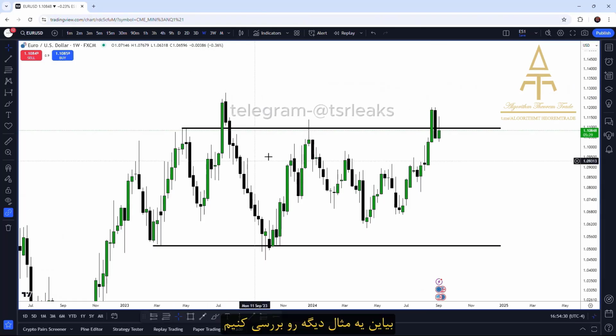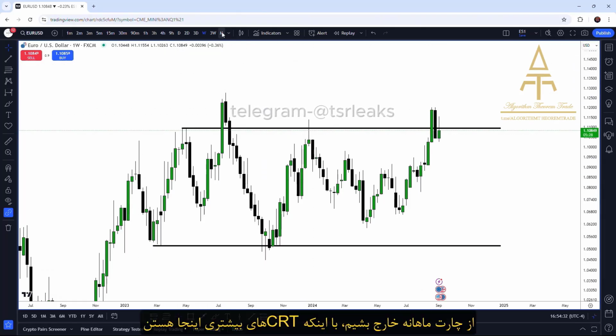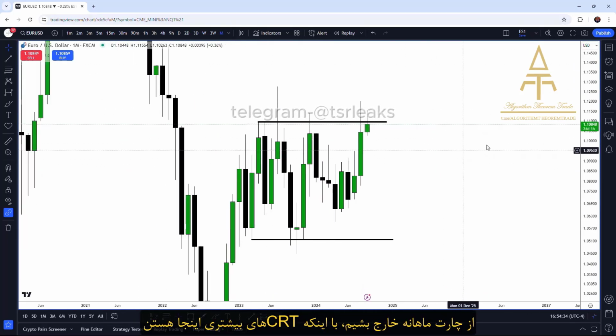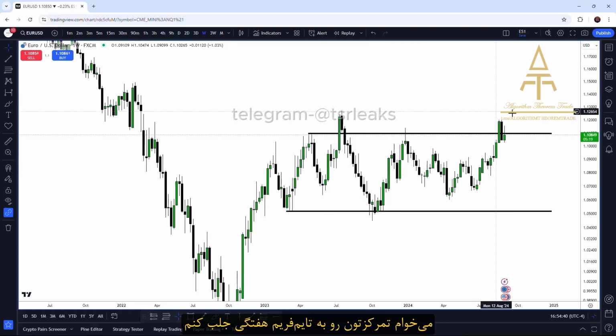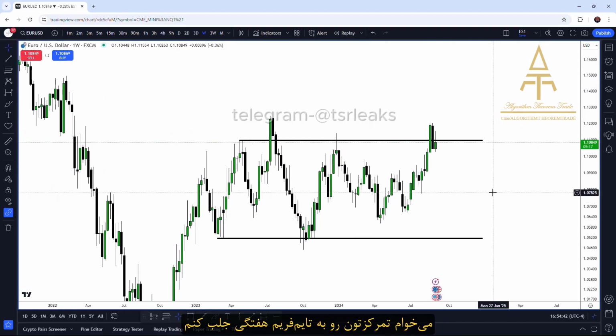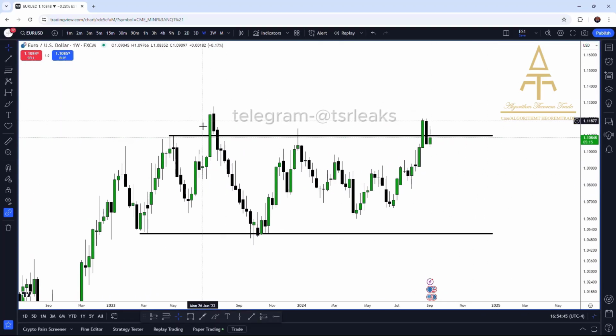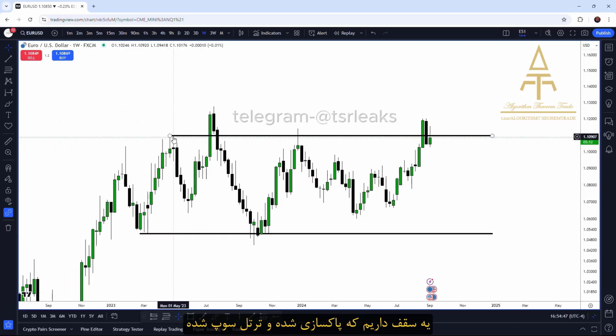All right, let's take a look at another example. Let's get out of the monthly chart, even though there are more CRTs all around us here. I want to put your focus on the weekly time frame. We have a high being purged, turtle soup.